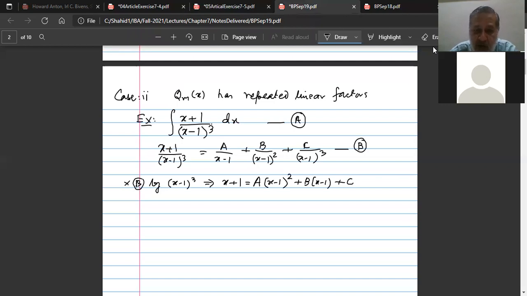Now we have an objective in this step: to find the numerical values of a, b, and c. And we see that if I replace x by 1, ये दोनों 0 हो जाएंगे और c की वैल्यू आ जाएगी. So let x is equal to 1.